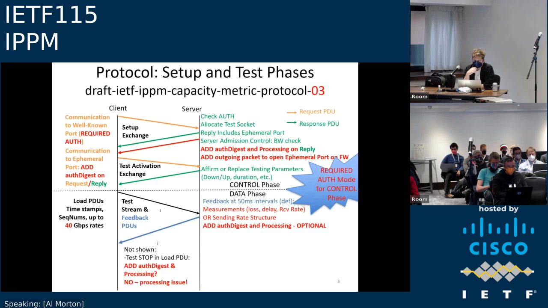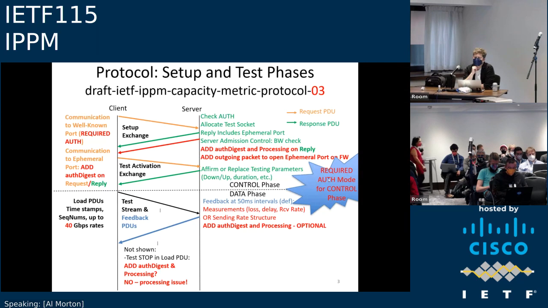So we're on slide 3 now. Basically, what I want to say here is that we have, for background, in the control phase, which is the top half of the slide, 2 kinds of packet exchanges: a setup exchange and a test activation exchange.